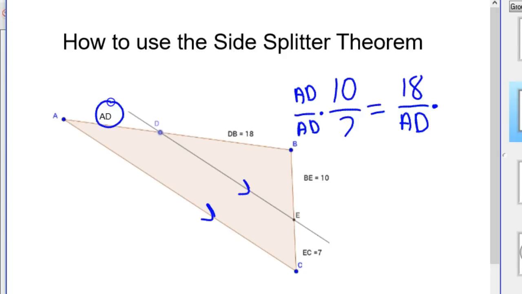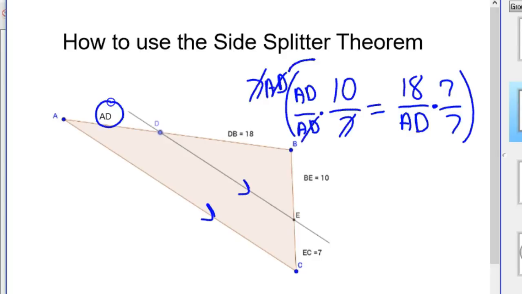So you'd multiply the left side by AD and the right side by 7 to get a common denominator, and then multiply the whole thing by AD and 7. The 7's cross out, the AD crosses out, and you're distributing it through both sides, so these would also cross out.